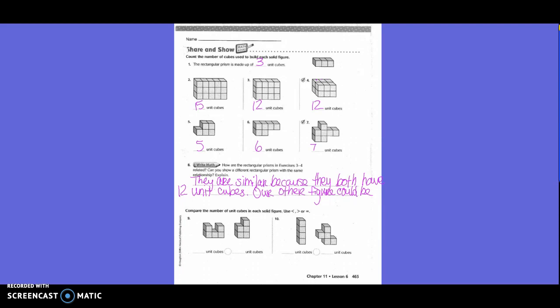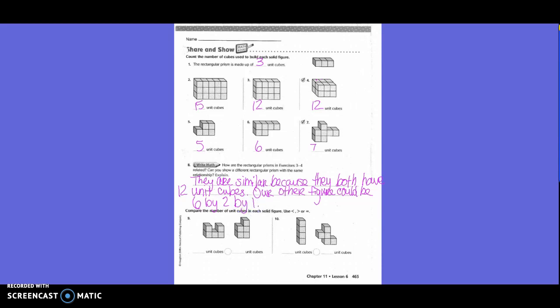What could be another way to do that? Can I do a 6 by 2 by 1? Okay, 6 by 2 by 1.